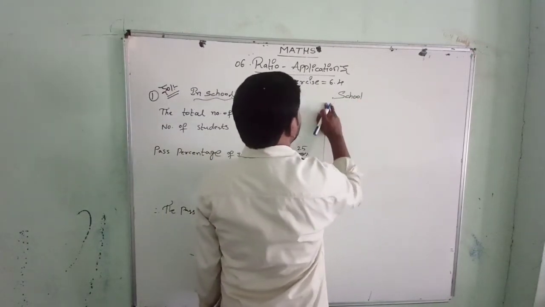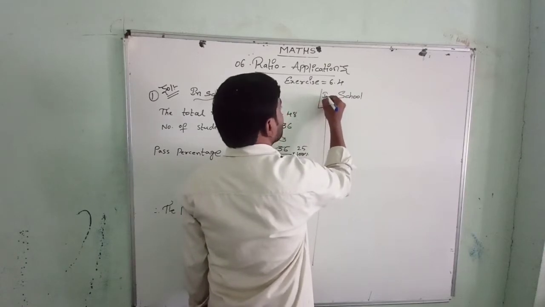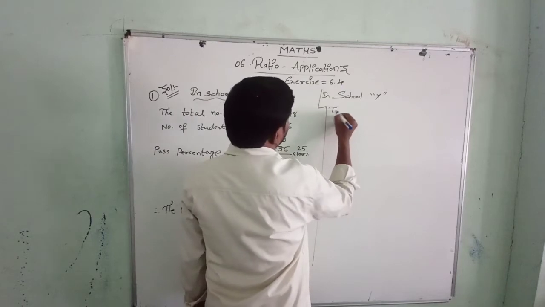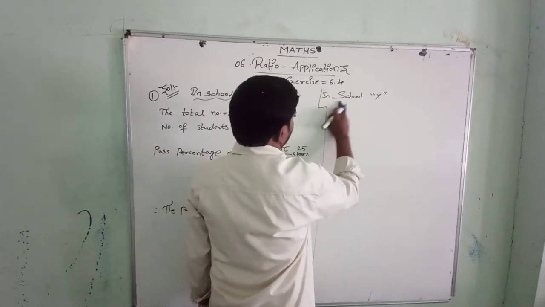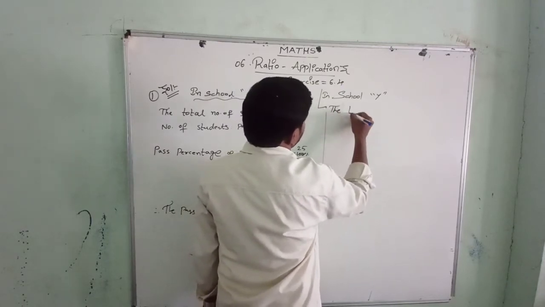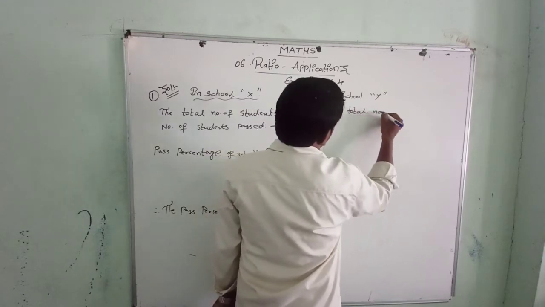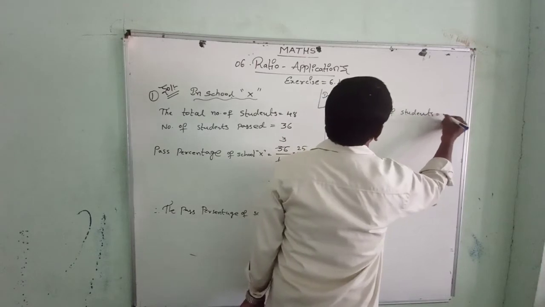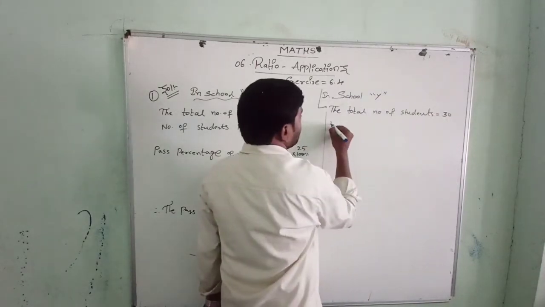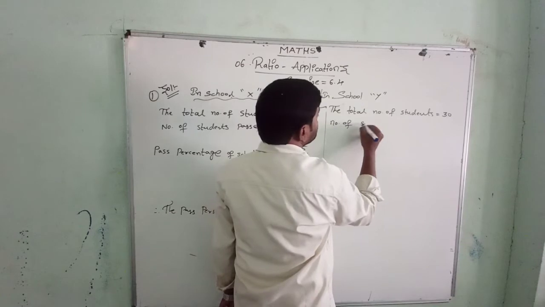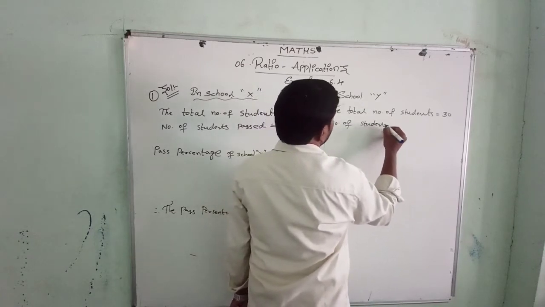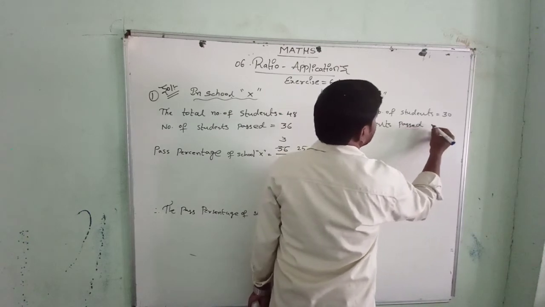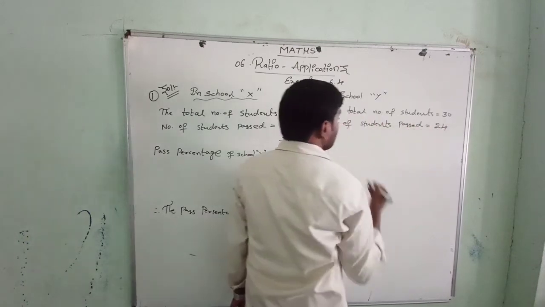In school Y, the total number of students is 30. The number of students passed in the exam is only 24.